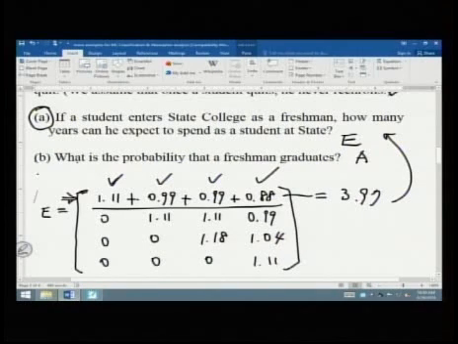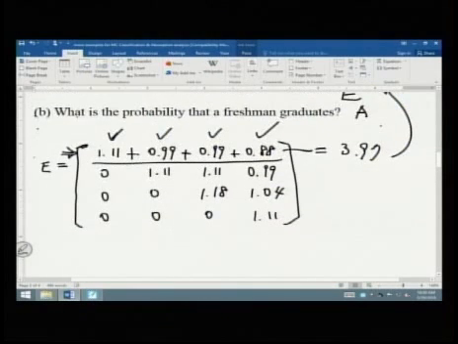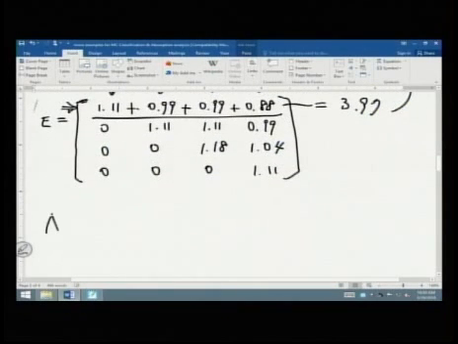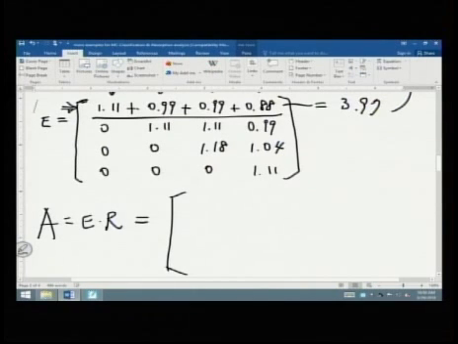Now we should be able to get matrix A, which is E times R. It should be a 4 by 2 matrix this time.